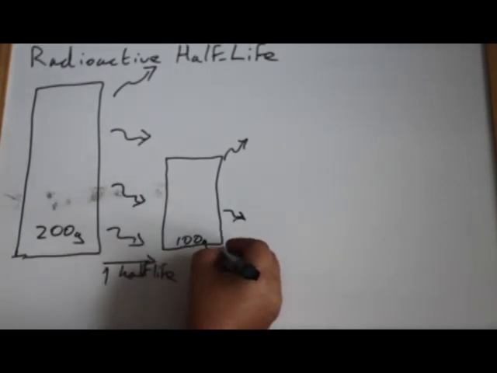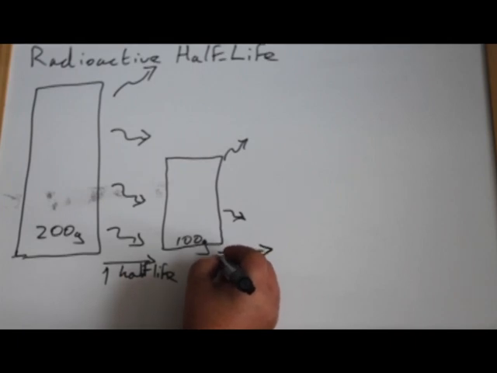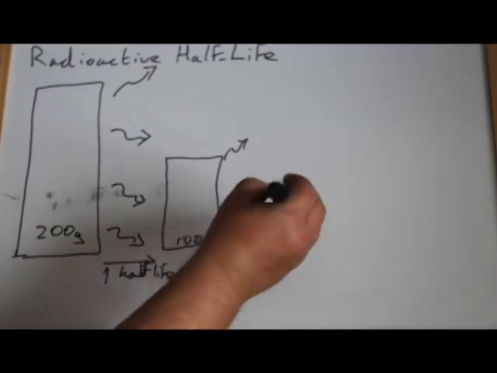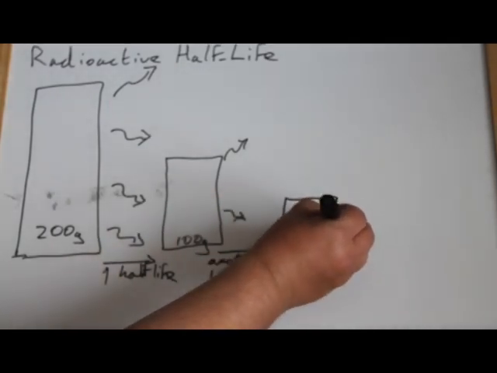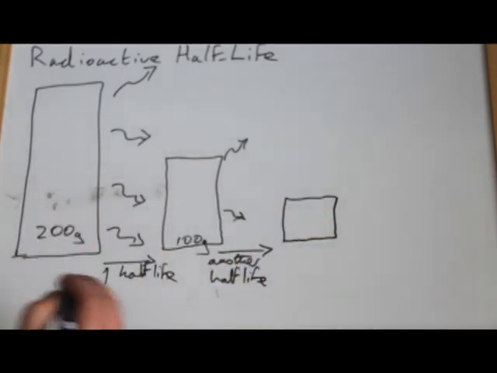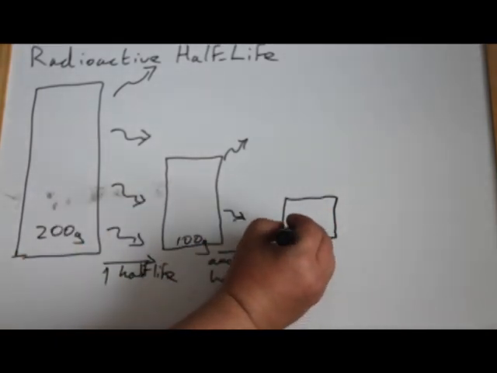If we wait another half-life, however, and this is what confuses a fair number of people, so watch out, another half-life, so now we've done 2. Instead of all of it being gone, all that's happened is that we are now left with half of what we had before. So 50 grams.